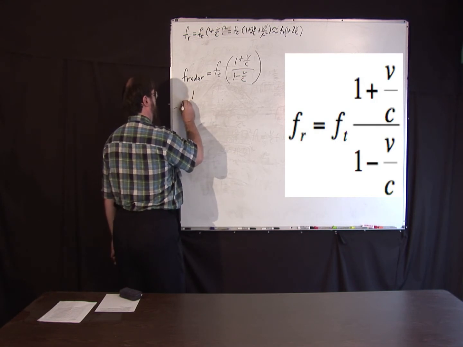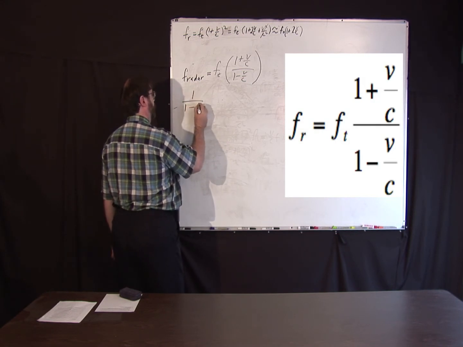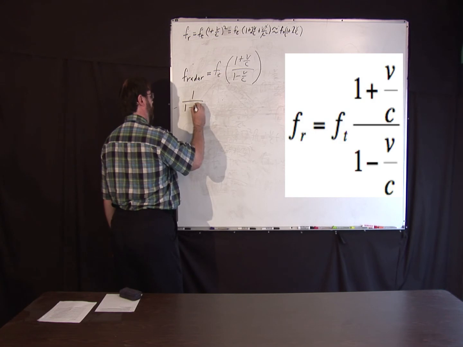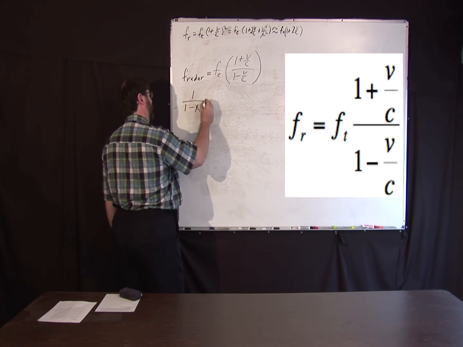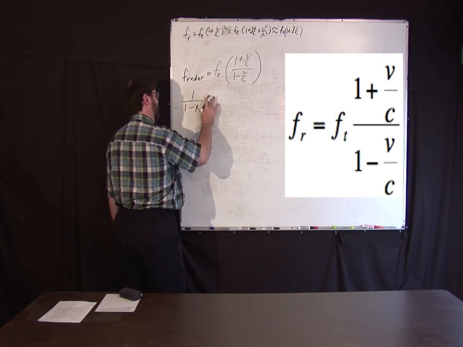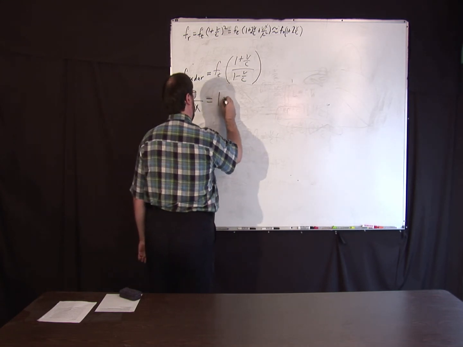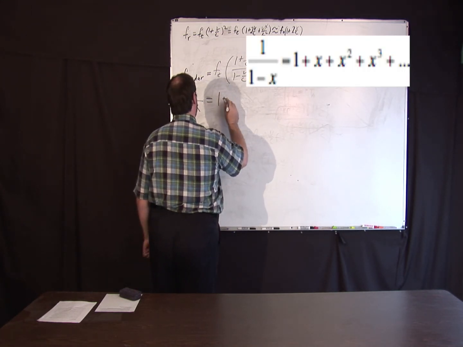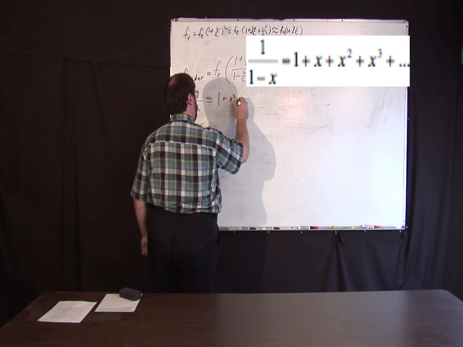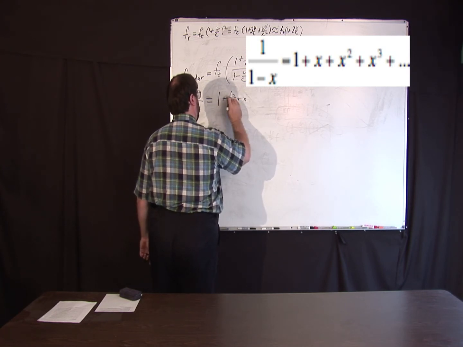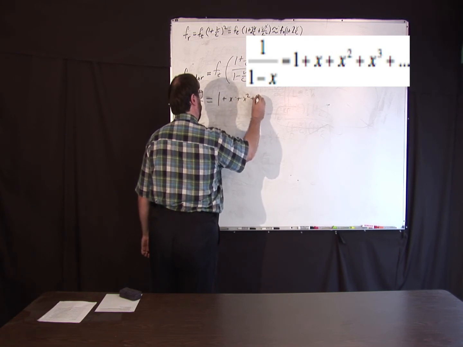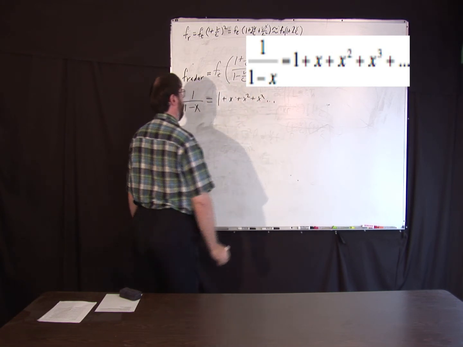And there's a formula from mathematics: 1 over 1 minus x is equal to 1 plus x plus x squared plus x cubed, dot, dot, dot.